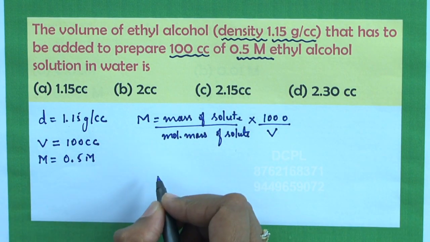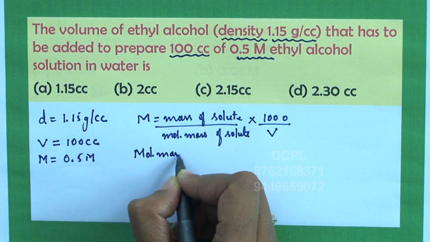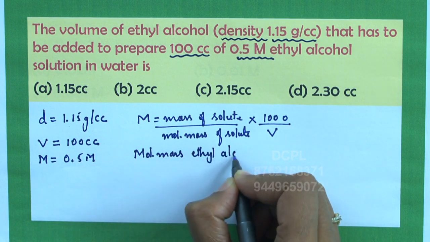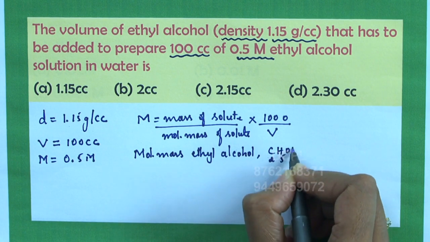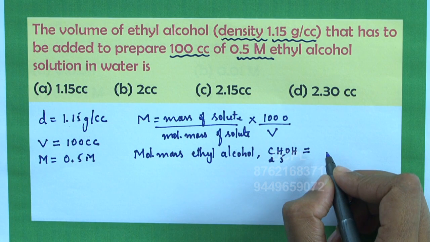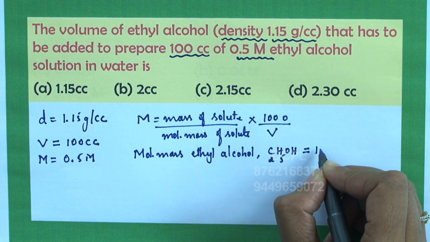Firstly, let us find out the molecular mass of solute. The solute here is ethyl alcohol, whose formula is C2H5OH. In order to find the molecular mass, we need to consider the number of atoms and their atomic masses.